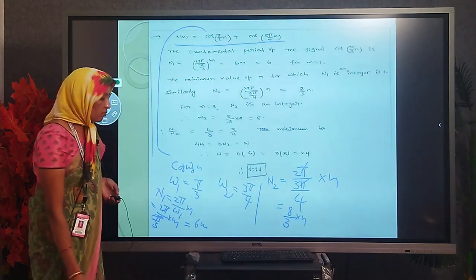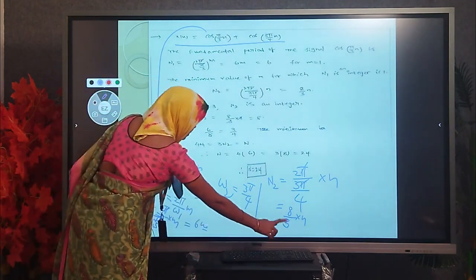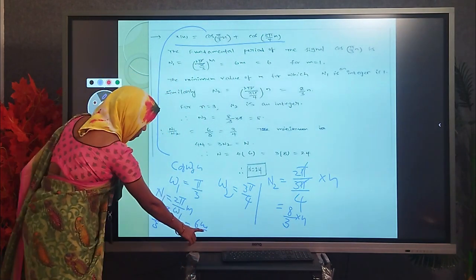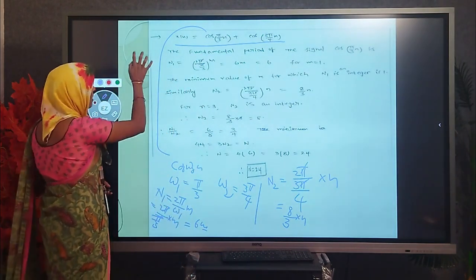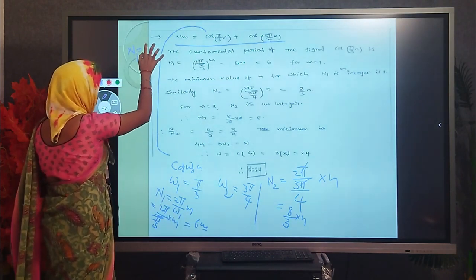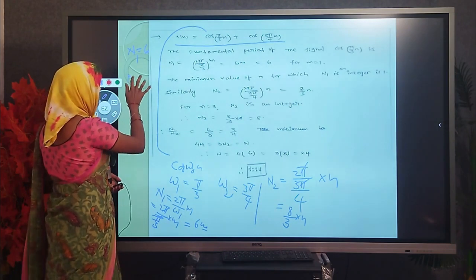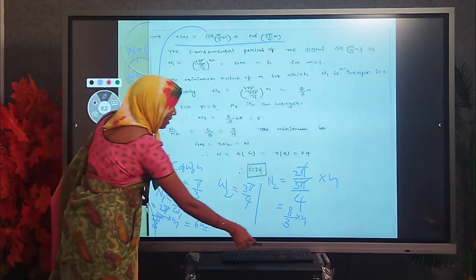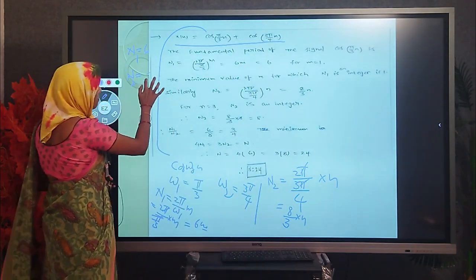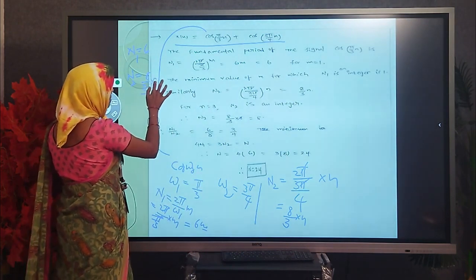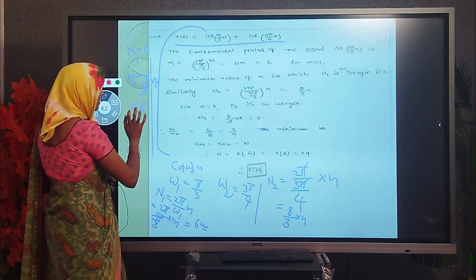Here we have to choose the smallest value of m as well as n. So here m equal to 1, our time period N1 becomes 6. Okay, 6 is an integer. Next, in the second case, if small n equal to 3, simply we'll get N2 as 8.